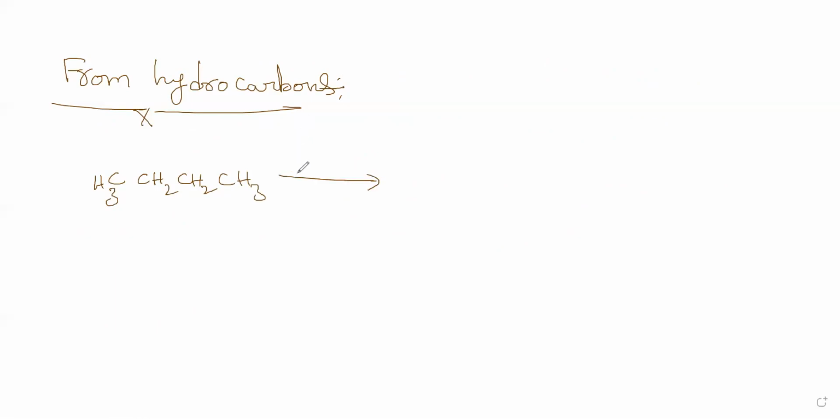Here these are formed by Cl2 and UV light. This reaction does not have any control. You have multiple products here, because the substitution can happen at any place.